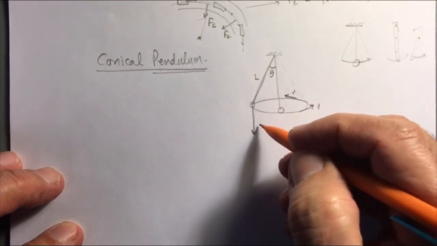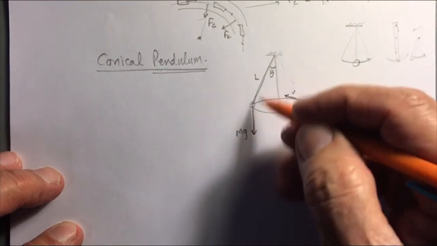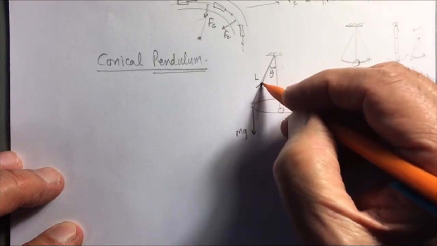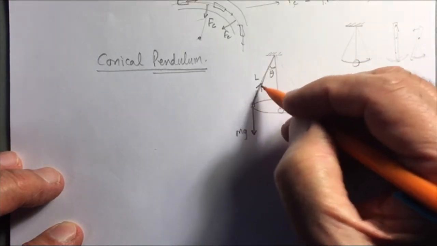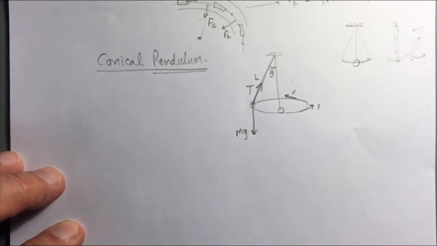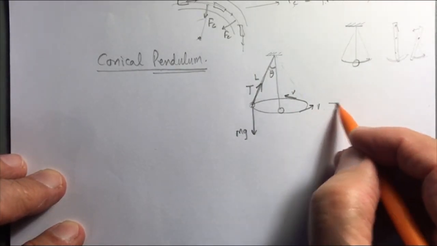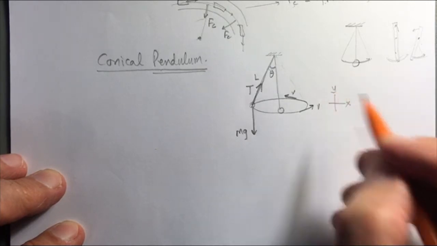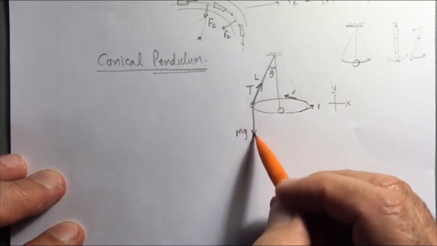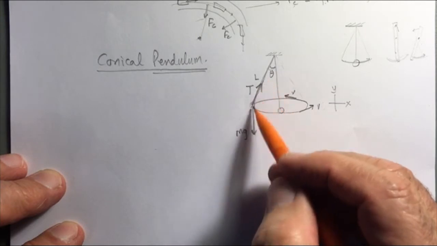So we have the weight mg acting straight down. We have a tension pulling along the string, that's T, and we set up our x and y coordinates like this. So this is in the negative y direction, and this is at an angle.